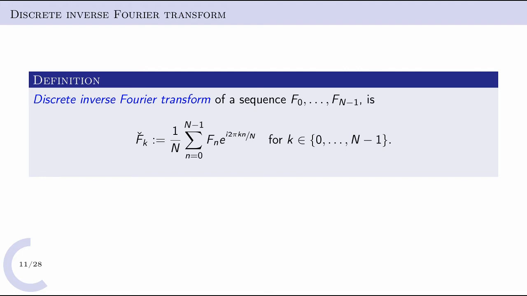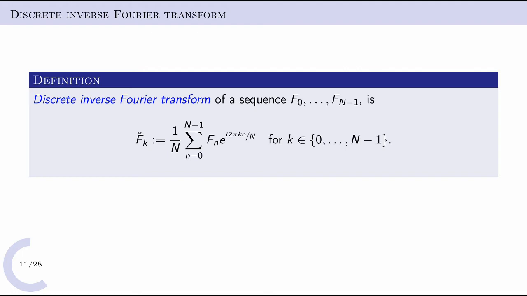Let me comment on it for a moment. This fraction must appear there in order for the analog of the Fourier theorem to be satisfied. However, it may appear in any place. In fact there are 3 different conventions concerning the definition of a discrete Fourier transform and inverse discrete Fourier transform. One convention, the one which I use here, is to put this 1 over n in the inverse discrete Fourier transform.